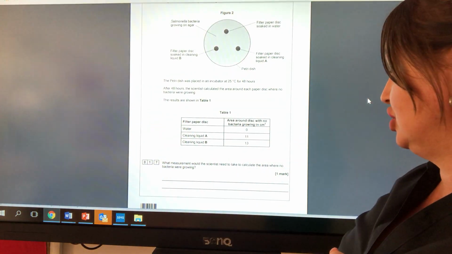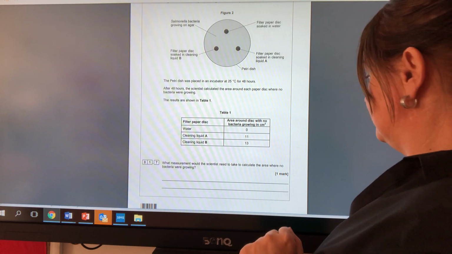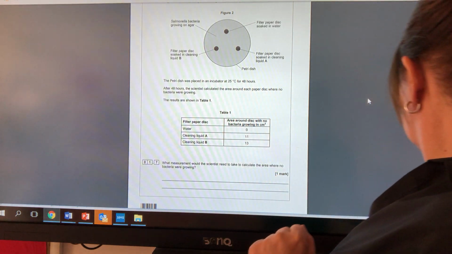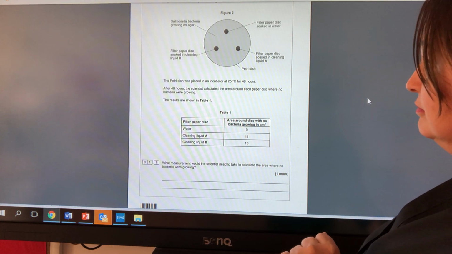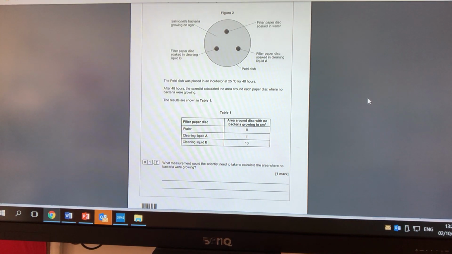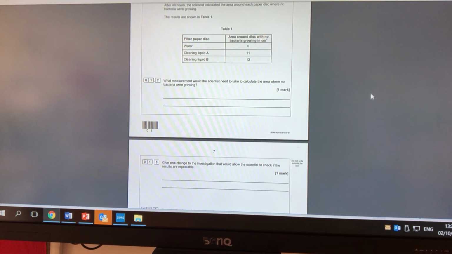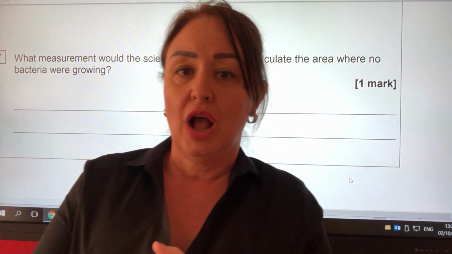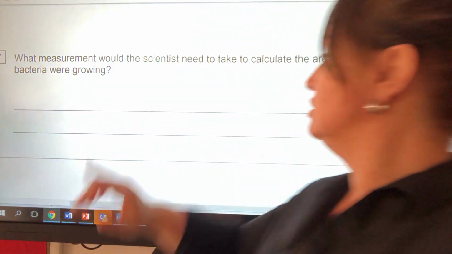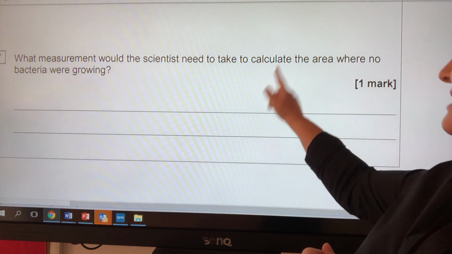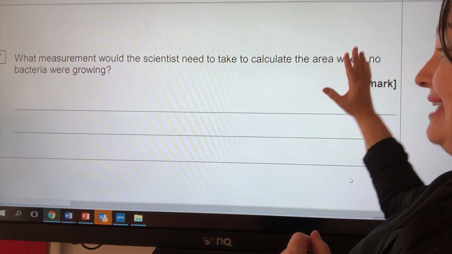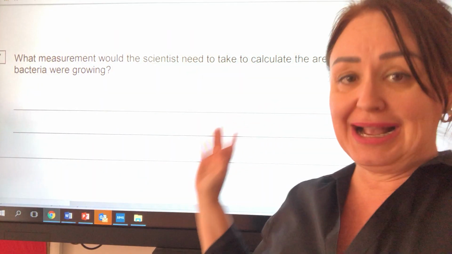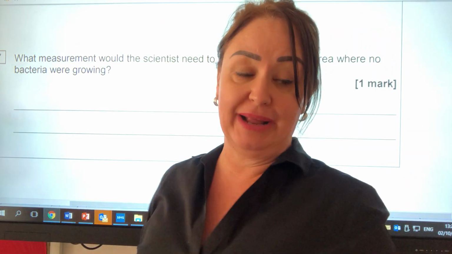And the question actually says, what measurement would the scientists need to take to calculate the area where no bacteria were growing?